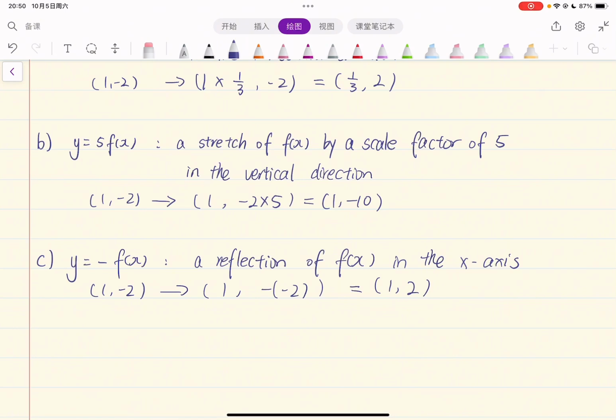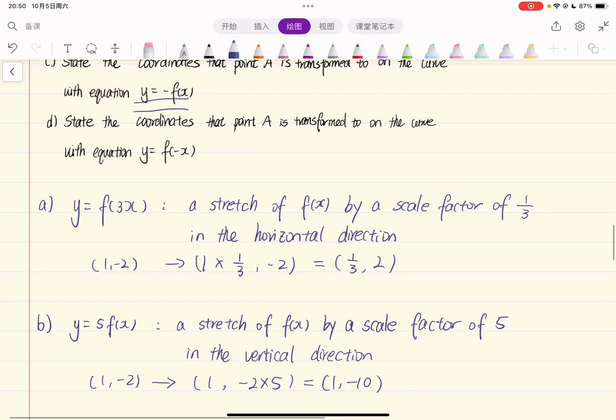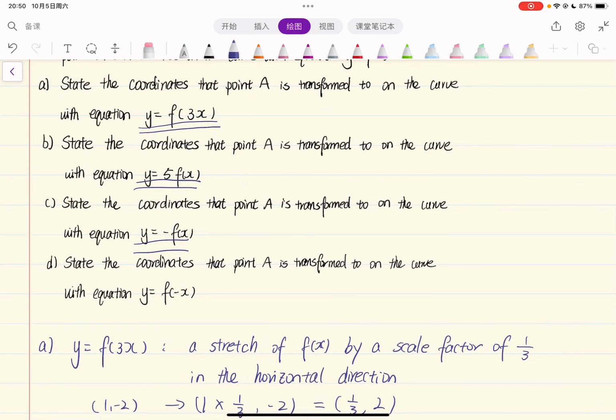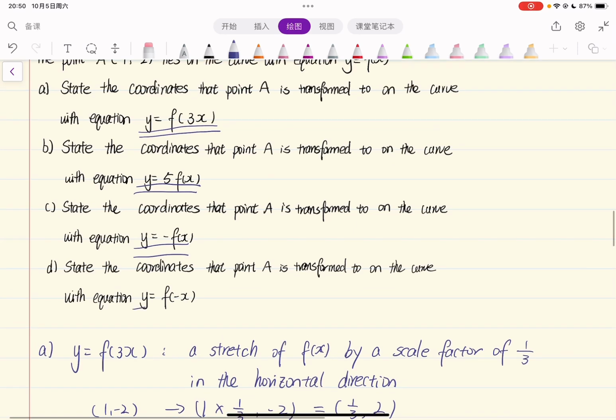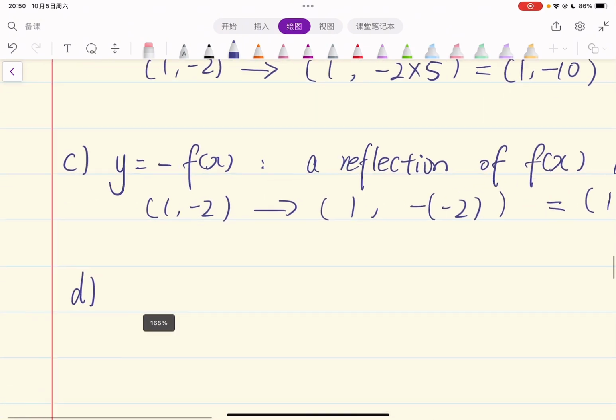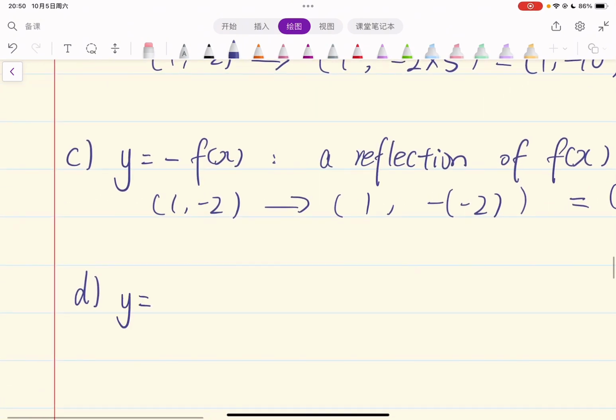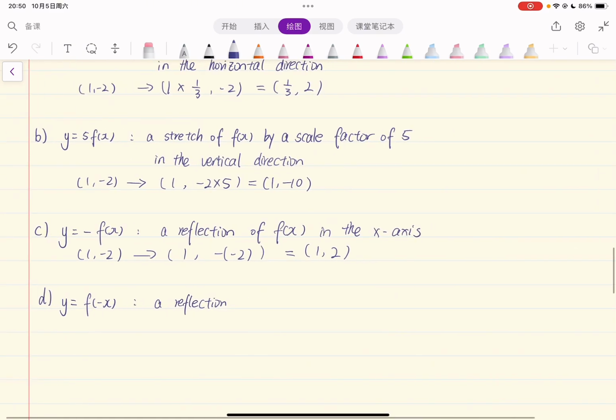And for part D, the question says similarly transform to the equation y equals f(minus x). The minus is in the bracket, which means a reflection of f(x) in the y-axis.